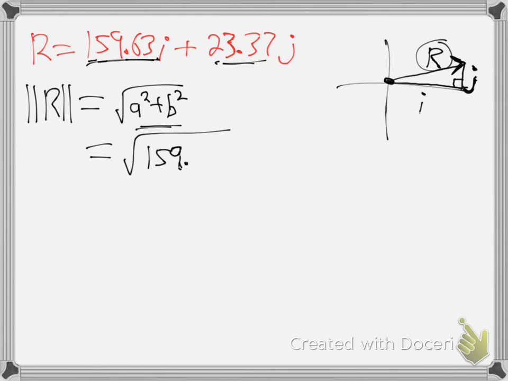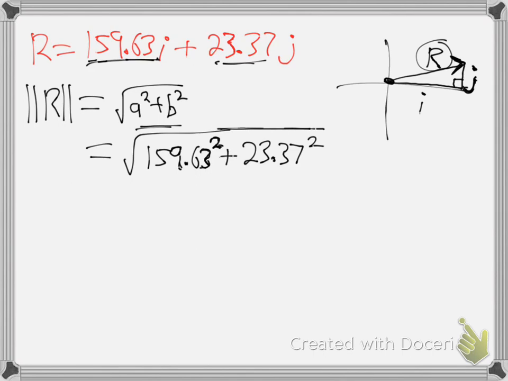So 159.63 squared plus 23.37 squared, the square root of it, and whatever that is. You guys getting it?